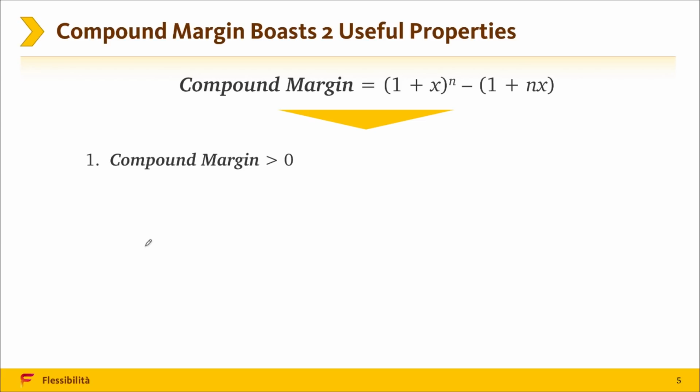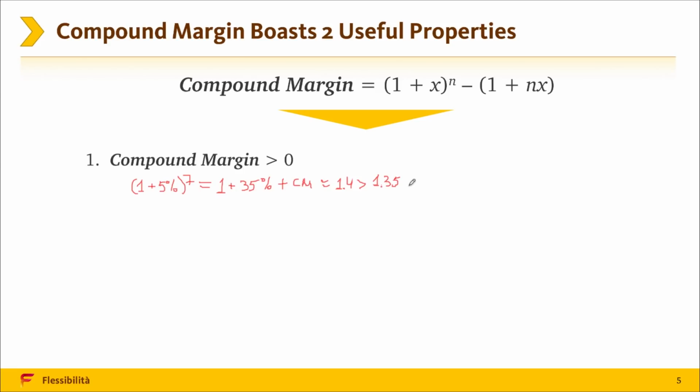Here's an example. 1 plus 5% to the power 7 equals 1 plus 35% through simple growth plus compound margin. And the result is about 1.4, which is greater than the result from the simple growth. So the growth is bigger in the compound growth case than in the simple growth case.